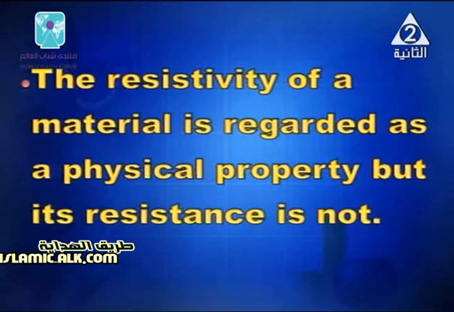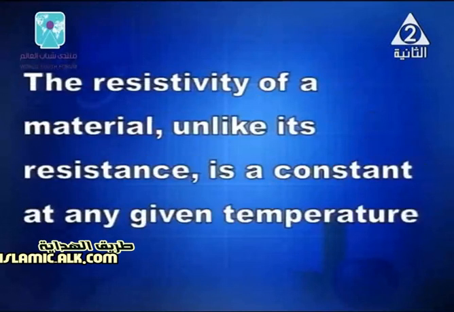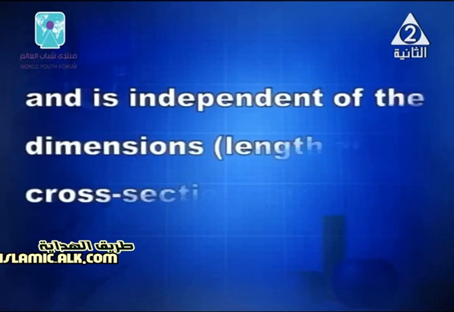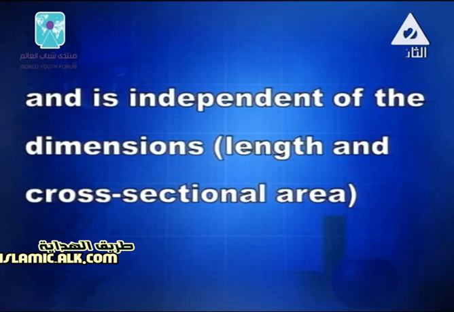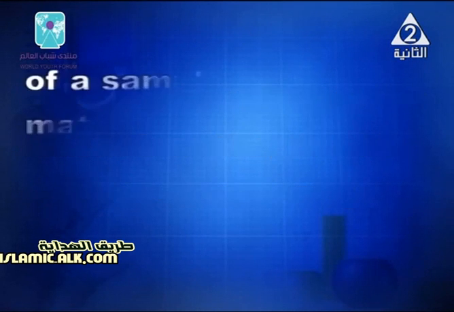Resistivity of a material is a physical property, but we cannot consider resistance as a physical property, simply because the resistivity of a material, unlike resistance, is a constant at any given temperature and is independent of the dimensions of the wire. Dimensions of the wire means length and cross-section area of the wire. But resistance depends on length and area.